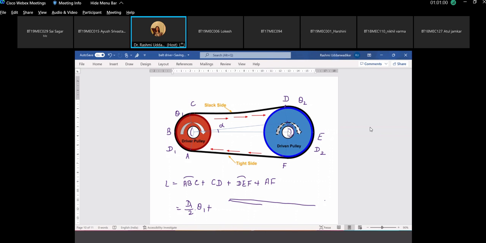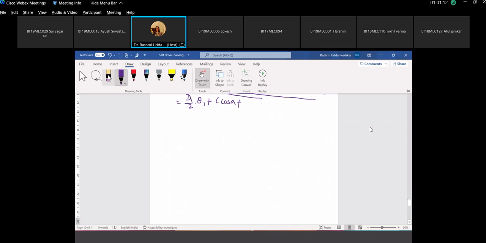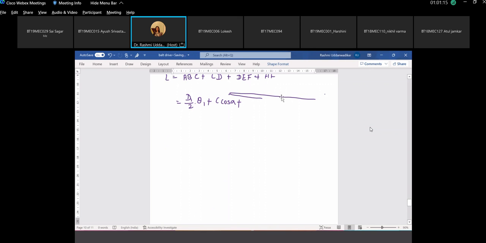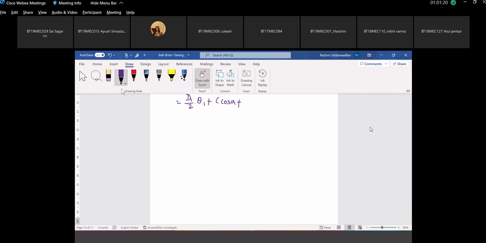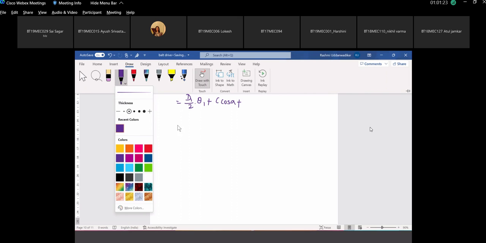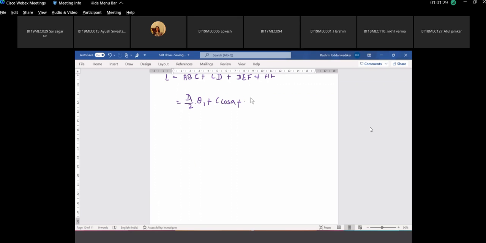If this center to center distance is C and if this angle is alpha, you will get this length as C cos alpha, plus length of the another arc, this will be theta 2 into the radius of this larger pulley, plus length of AF will be again same C cos alpha.